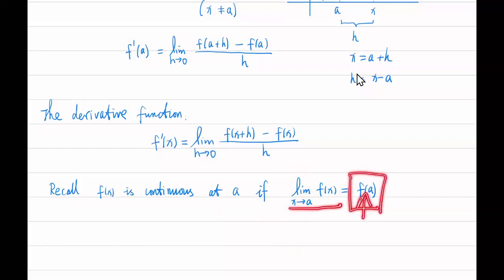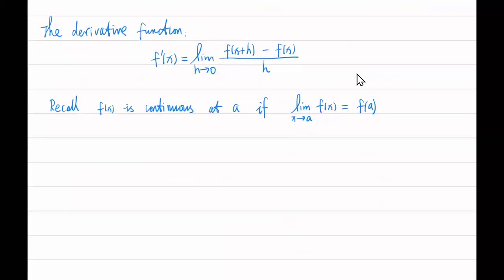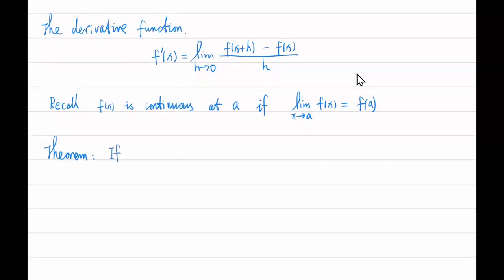With the three requirements, we claim it is continuous at A. And a very basic but very useful theorem: if the derivative exists, or in other words, if f is differentiable at A, then f is continuous at A.